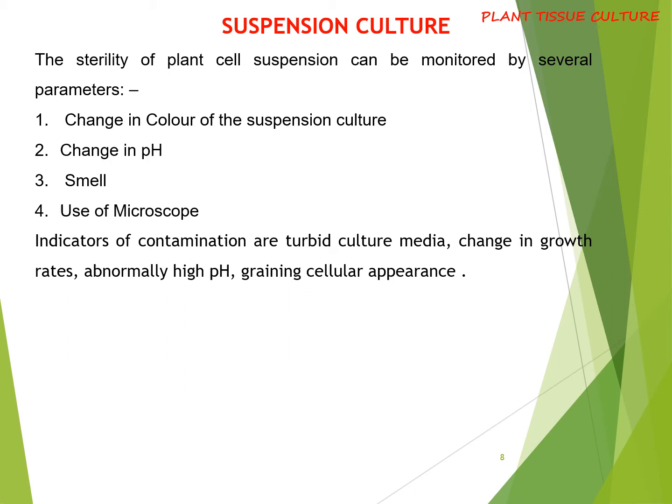In some cases, the suspension culture is pipetted out and seen through the microscope to view the presence or absence of microbes. If contamination is found, the suspension culture is immediately discarded.